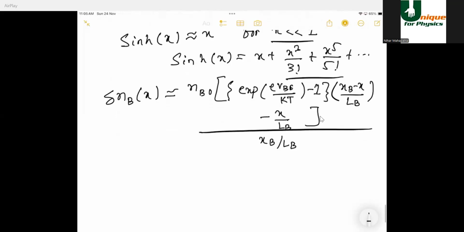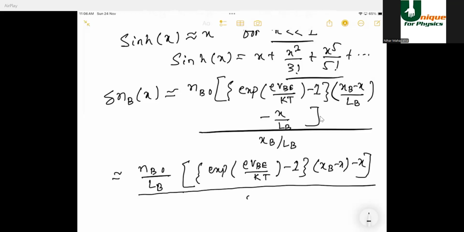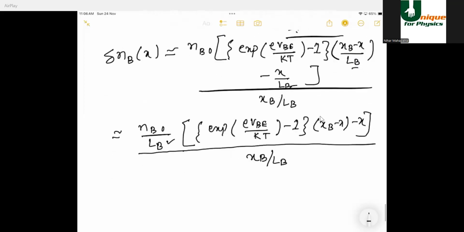Now this is nearly equal to nb0 upon Lb, we have this exponential of eVbe upon kT minus 1 times xb minus x minus x, all divided by xb upon Lb. So we took the Lb in the terms here to outside.